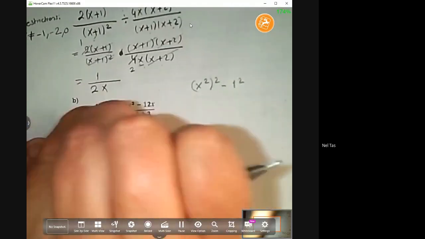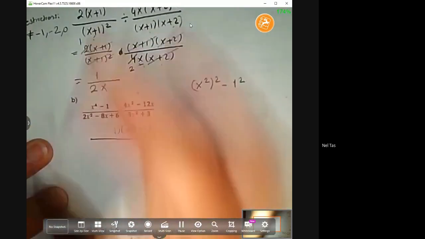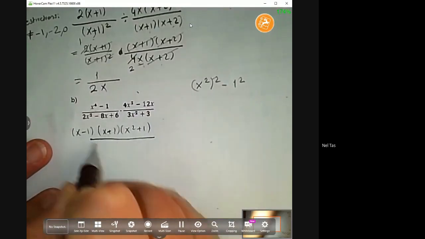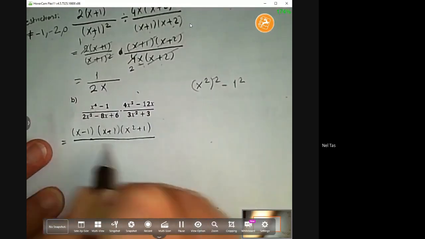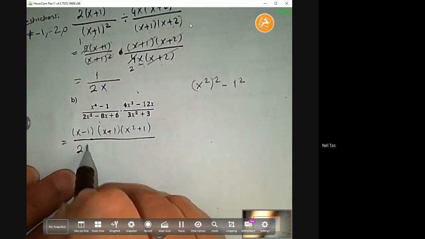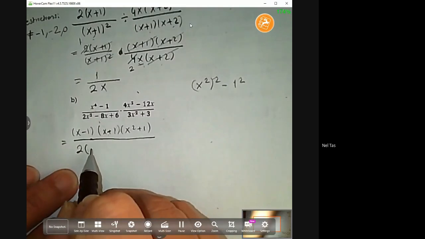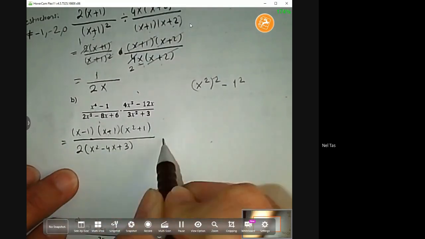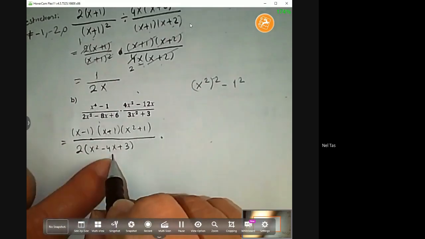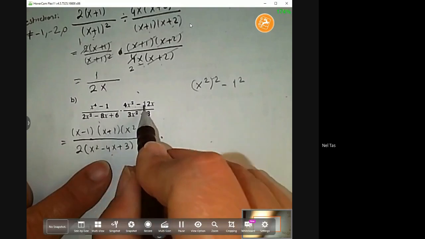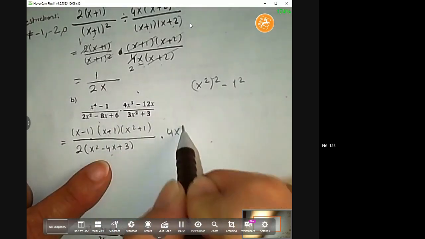Okay. So let me do it right away: (x minus 1)(x plus 1)(x squared plus 1). Denominator looks like 2 is a common factor. We get x squared minus 4x plus 3 times. So we're going to factor this as well, but let's go ahead and do the others. So 4x is a common factor.